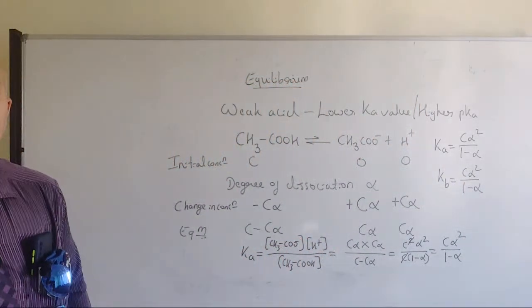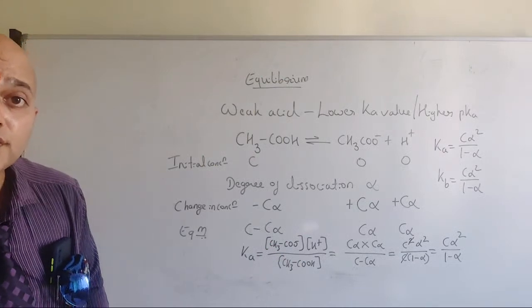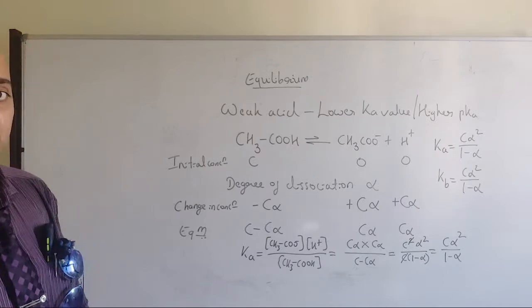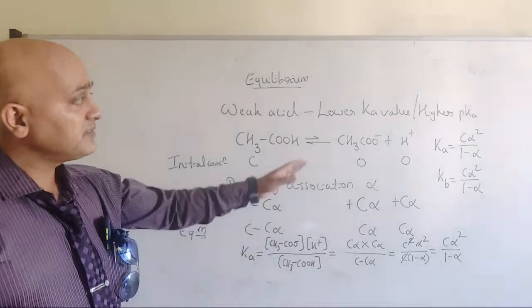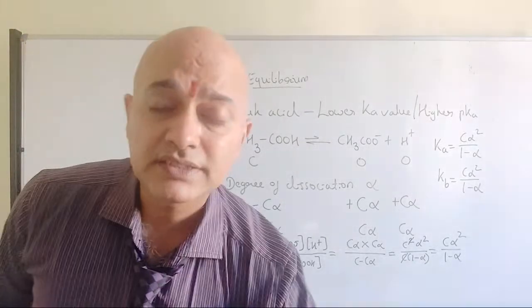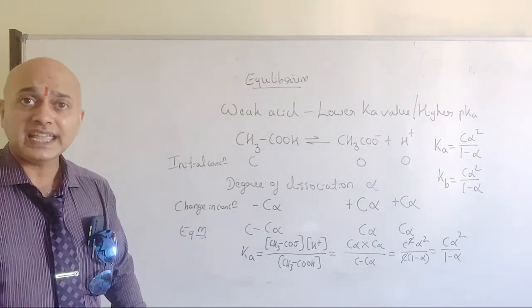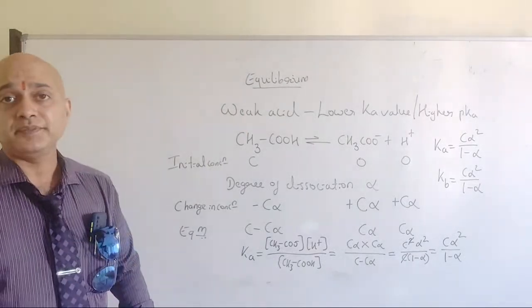So what is Kb? Kb is nothing but the dissociation constant of the weak base. So they have the same equation. Only the naming will be different. There it is Ka and here it is Kb.